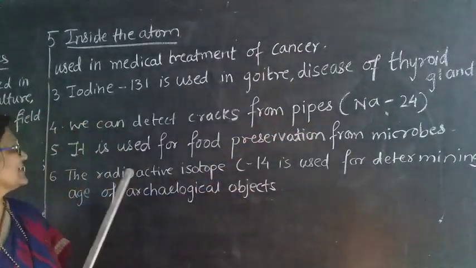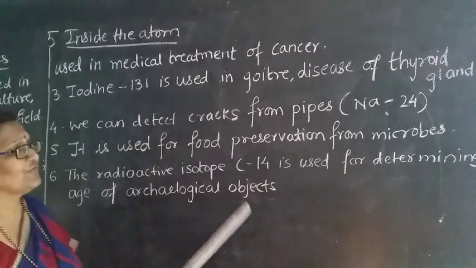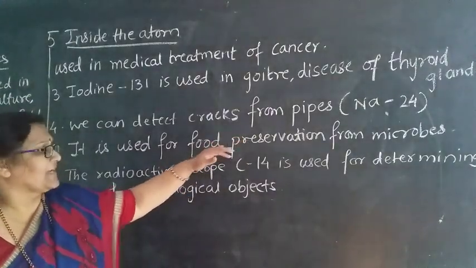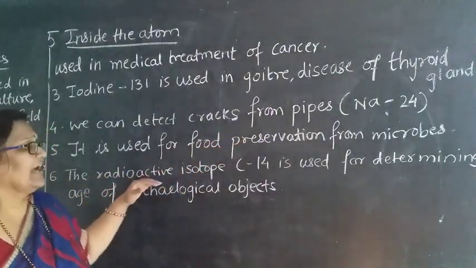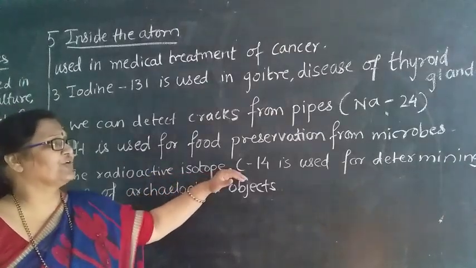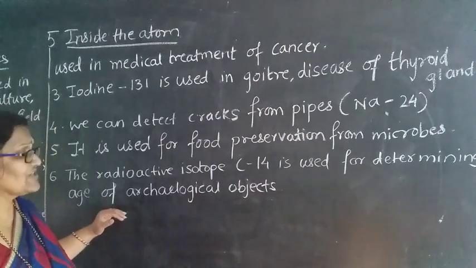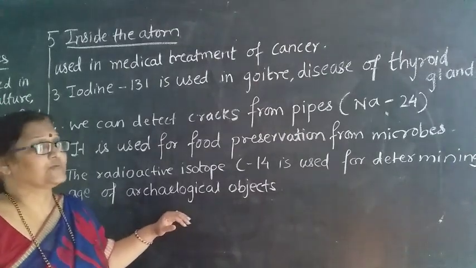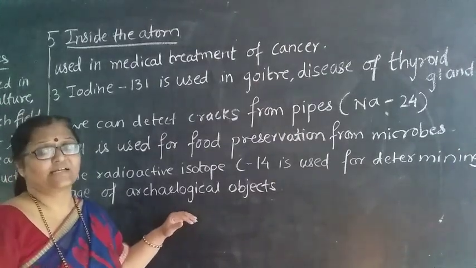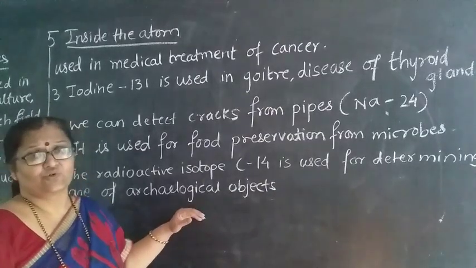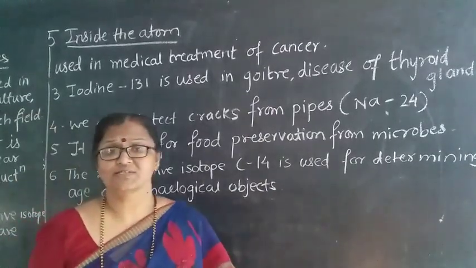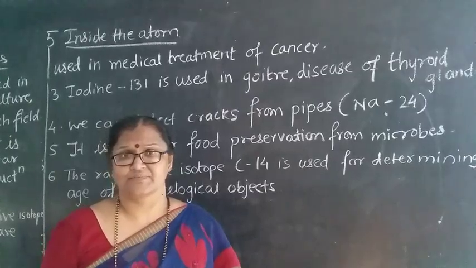These are nothing but isotopes. They are also used for food preservation against microbes. A radioactive isotope like C14 is used for determining the age of archaeological objects. This way there are uses of the isotopes. Various isotopes are used to do different things.